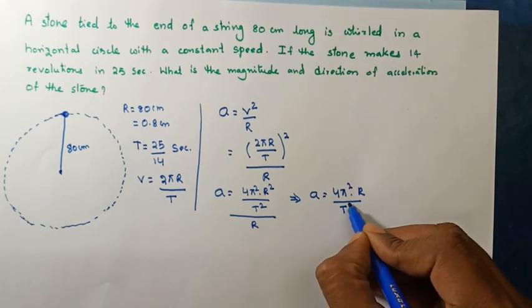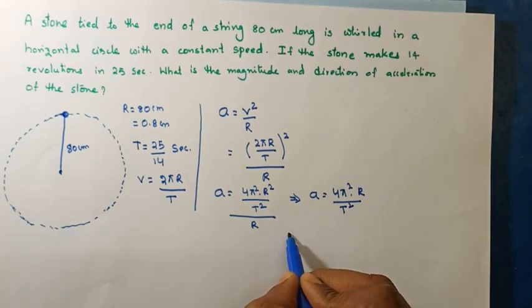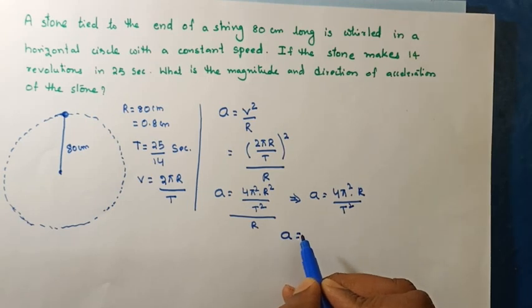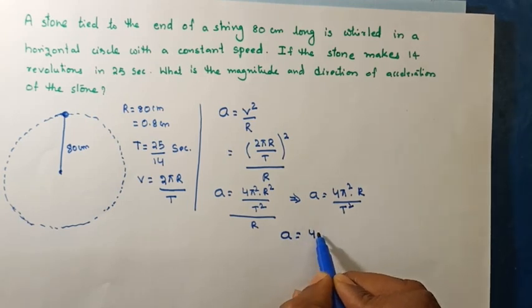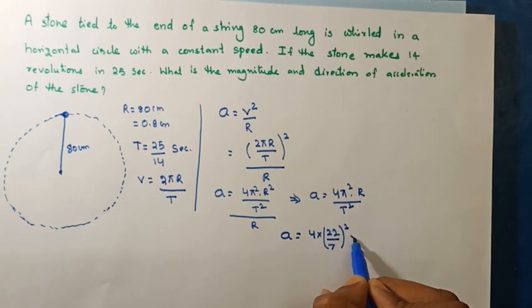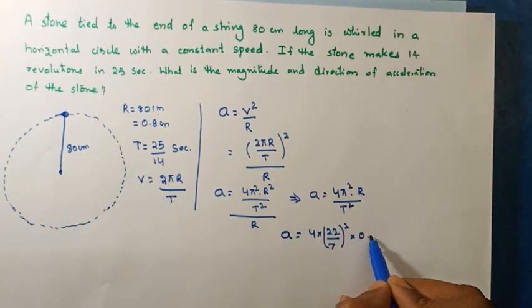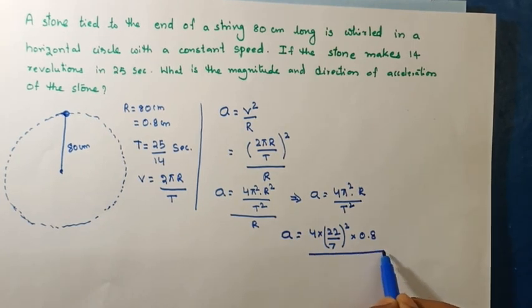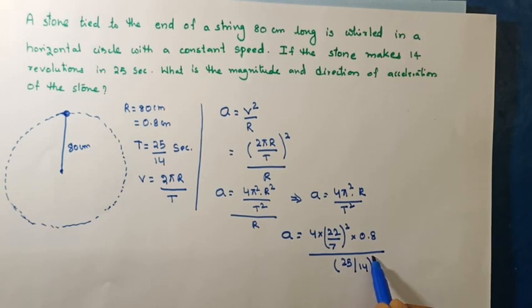Now substitute all the values and you will get 4 into 22 by 7 whole square, 0.8 meters, by t square, 25 by 14 whole square.